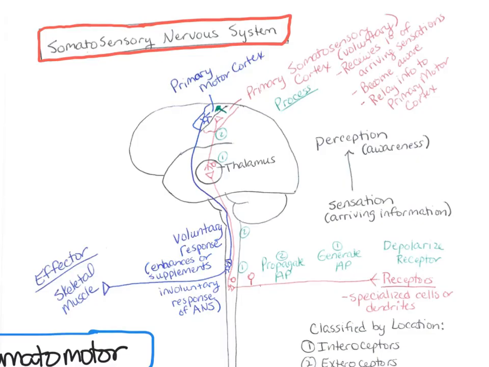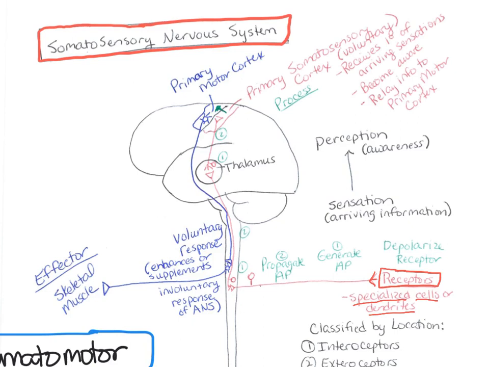So let's take a look at the somatosensory nervous system, or sometimes it's just called the somatic sensory nervous system. This nervous system begins at receptors. Receptors are either specialized cells or they're even the ends of dendrites on some neurons. These receptors are going to detect a change.